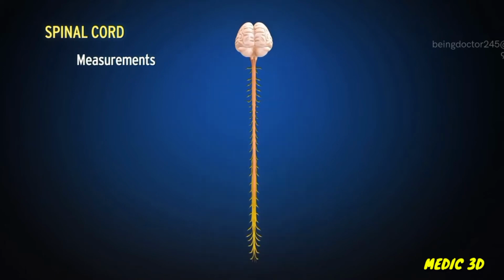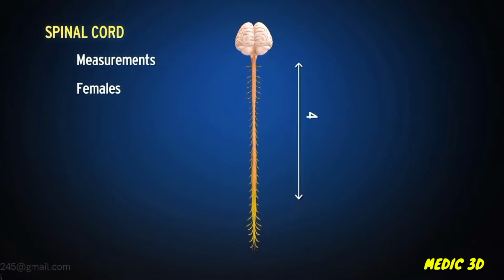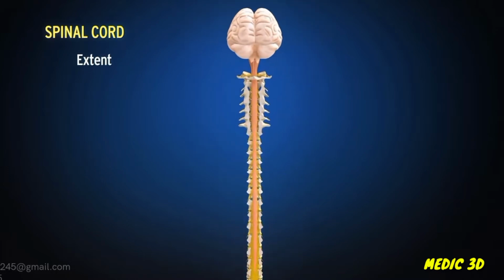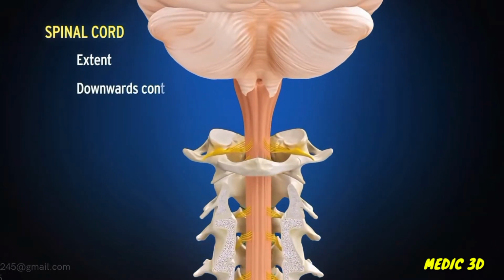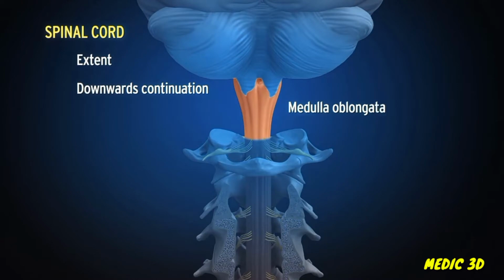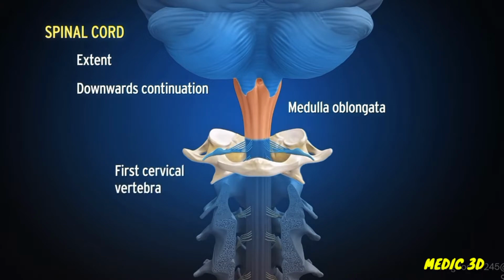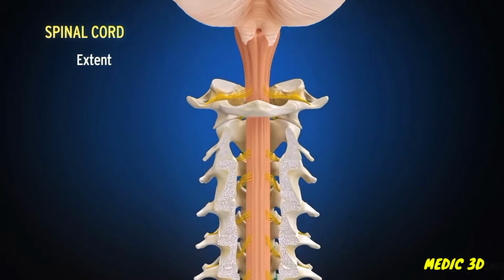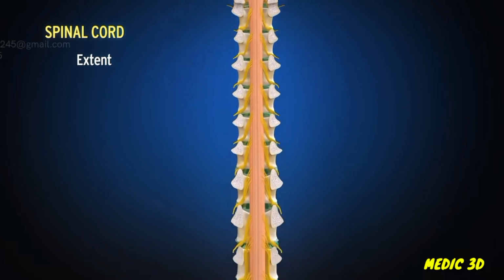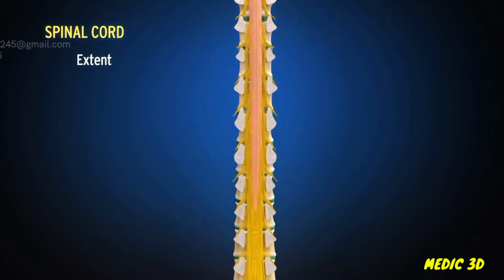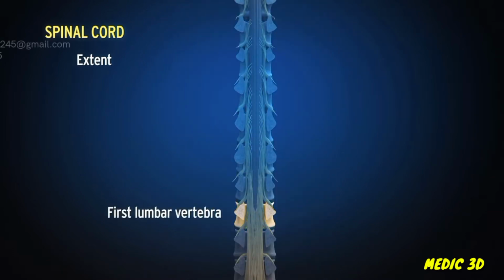Measurements. The spinal cord measures about 45 centimeters in adult males, and in females it's about 42 centimeters. Extent. The spinal cord extends as the downward continuation of the medulla oblongata at the level of upper border of posterior arch of first cervical vertebra to the lower border of first lumbar vertebra.